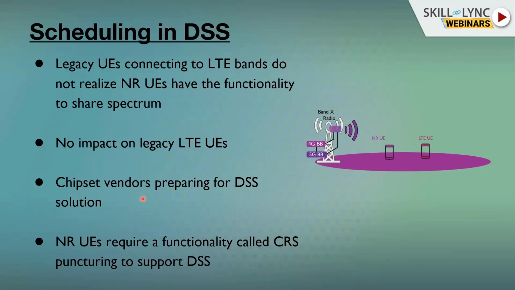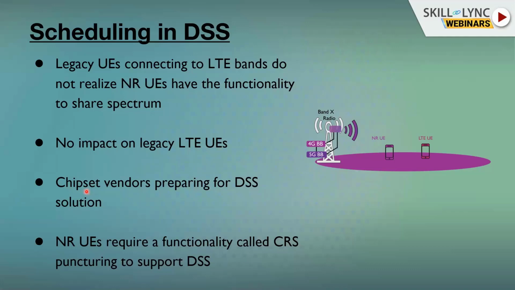We're going to talk about some of the UE requirements soon on what those DSS UEs need. Certain chipset vendors are preparing for the DSS solution. So your Samsungs, your Apples, they're doing a lot of research on DSS, and obviously the RAN vendors like Ericsson, Nokia, or Huawei are leading the way in terms of the actual network side and the radio technology. But soon to follow are the chipset vendors. They are still behind in terms of 5G features being rolled out in the network.